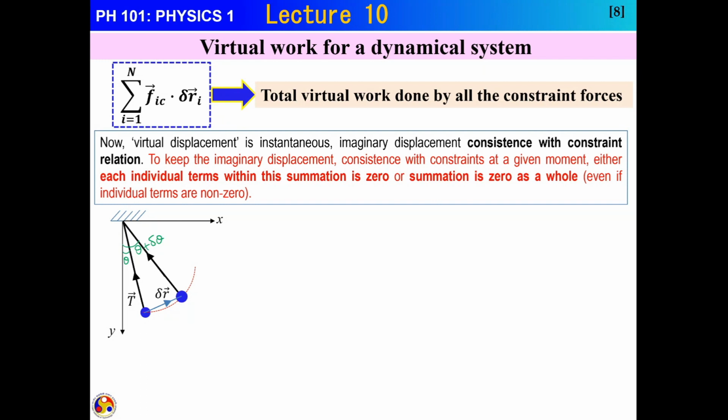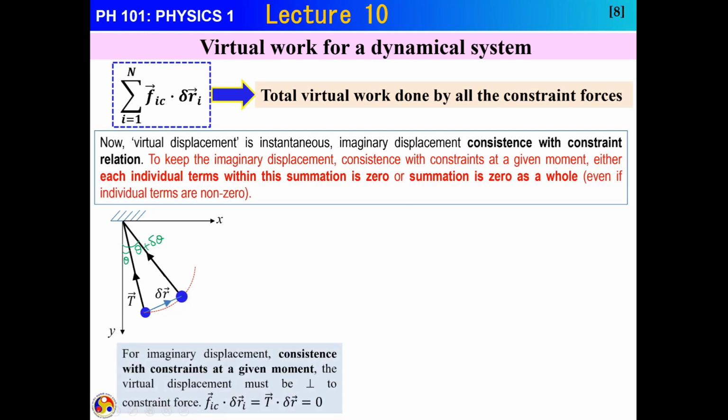Now if we see the effect of these constraint forces on this virtual displacement, how do they look? That is the imaginary displacement consistent with this constraint in a given moment.